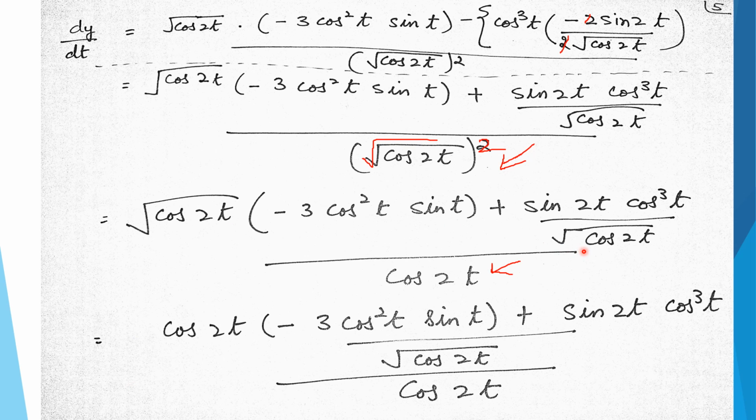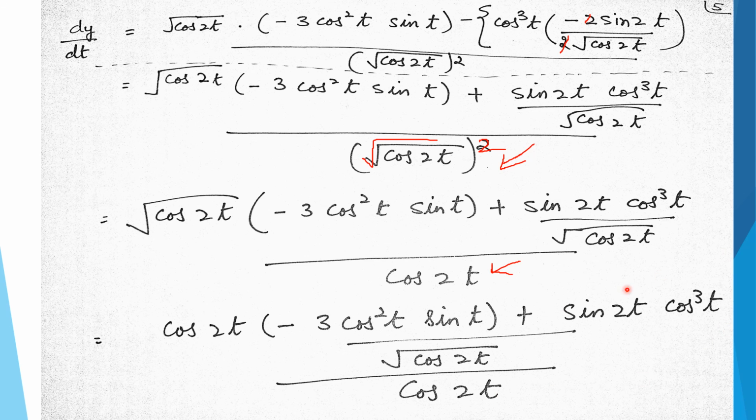Next step, this is under root of cos 2t. Please take the bigger LCM here, and this under root of cos 2t will be multiplied by under root of cos 2t and you will get cos 2t. Okay. Bracket starts minus 3 cos square t sin t plus sin 2t cos cube t whole upon under root of cos 2t, because you've taken the main LCM here, whole upon this cos 2t will come as it is with the main LCM.